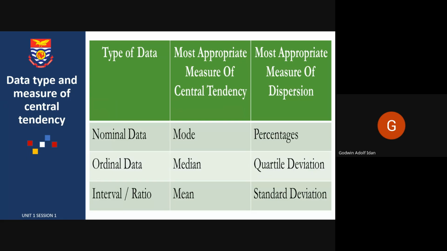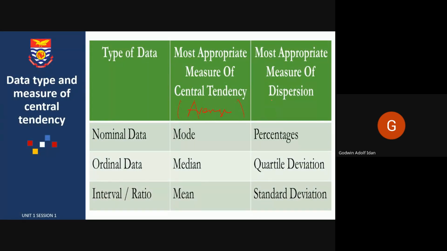So usually, we go back to the type of data measurement to form the basis of the appropriate measure of central tendency, as well as the appropriate measure of dispersion. And recall that with measures of central tendency, we only want to locate the center of the data. So this is just looking at the average of the data.